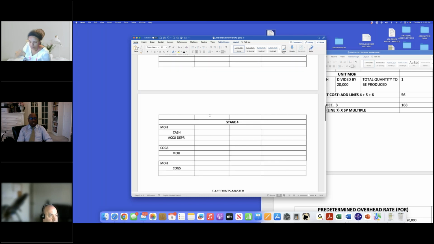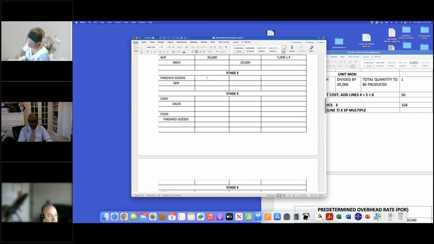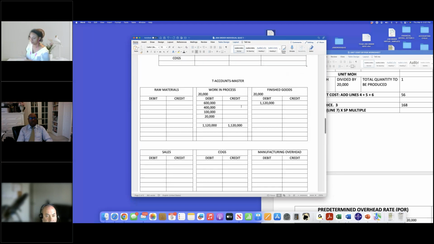So our stage 3 journal entry is 1,120,000. In these problems, once we determine how much is in work in process, we transfer all of it to finished goods.